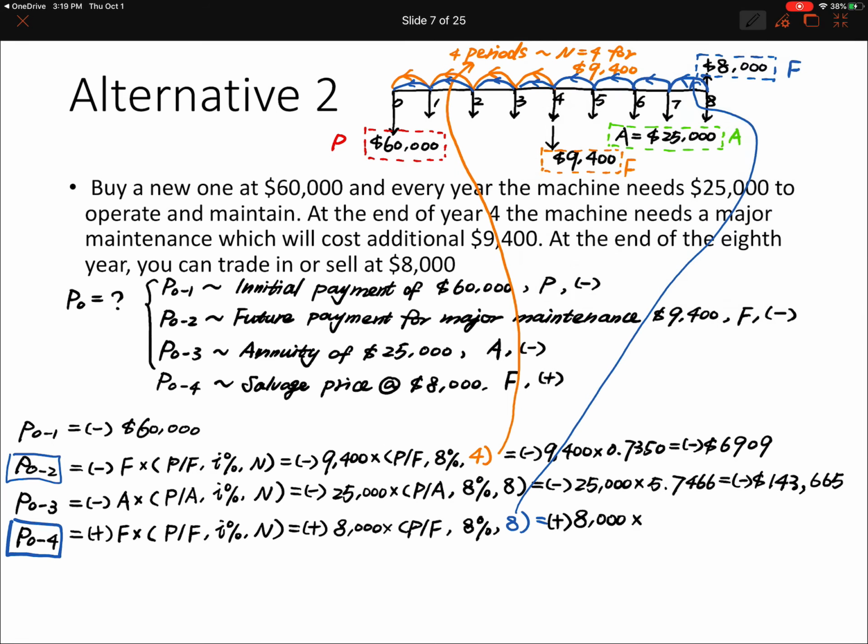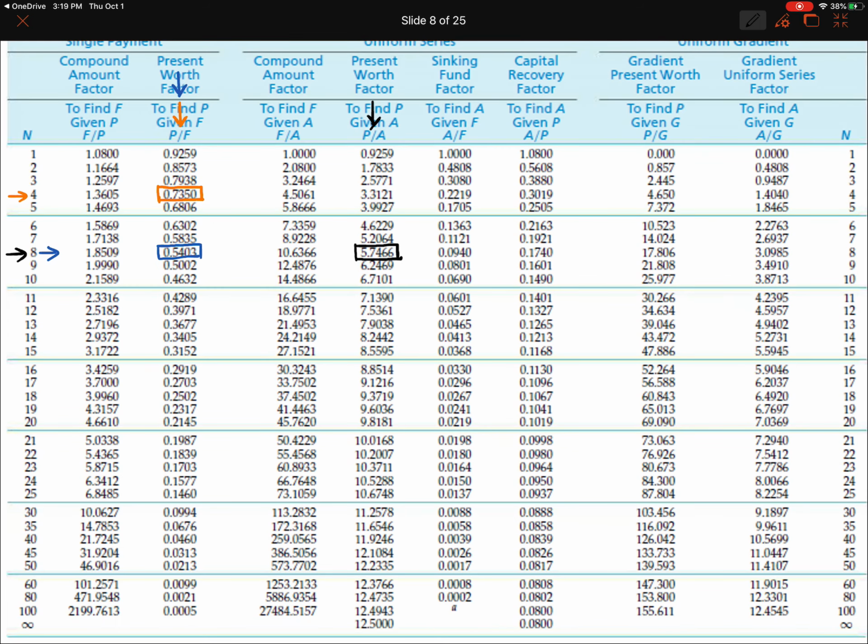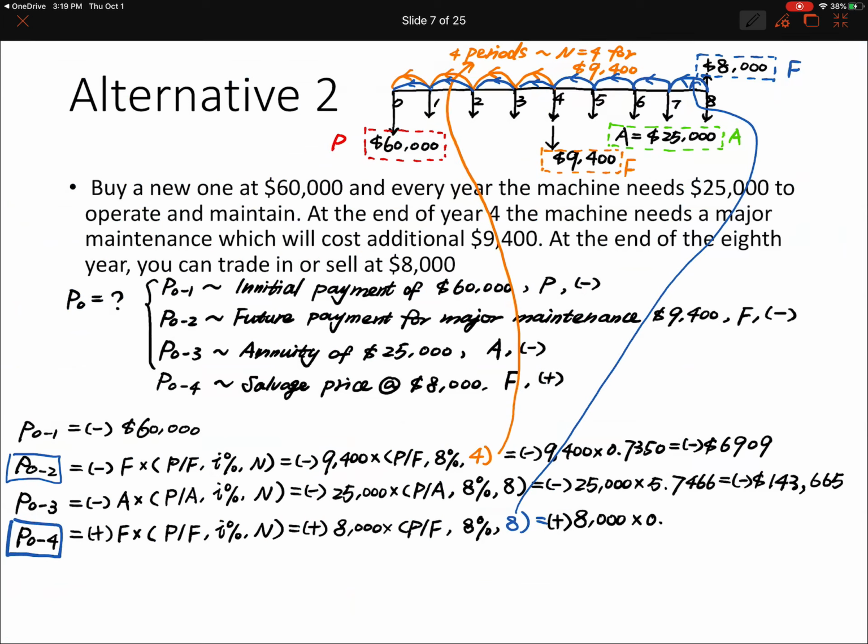So this is going to be your factor. And that factor is 0.5403.